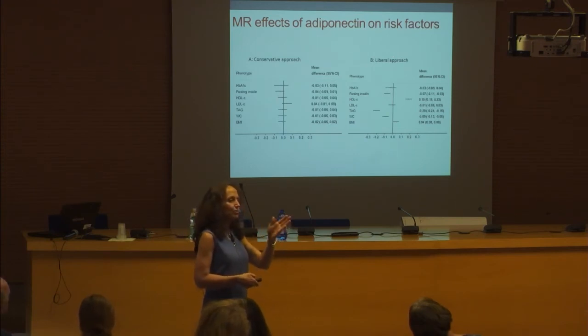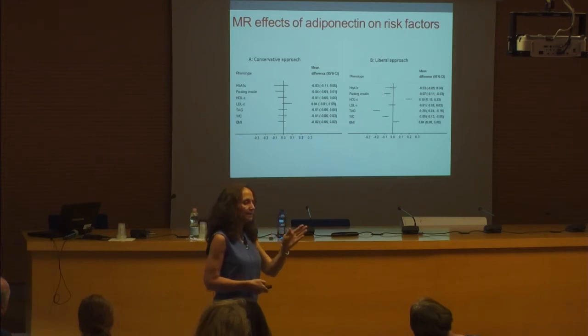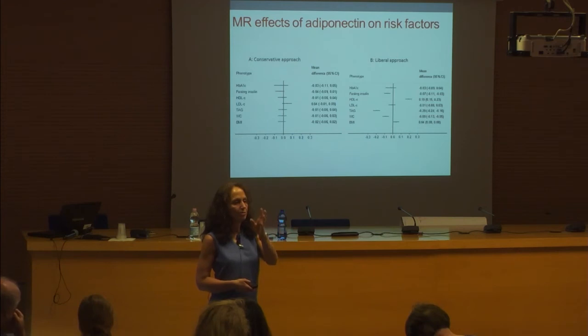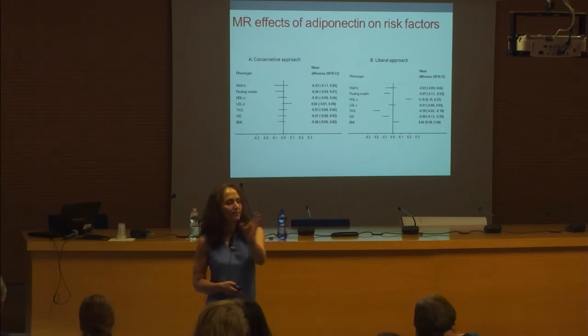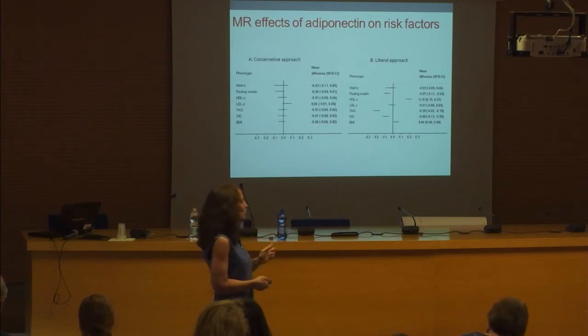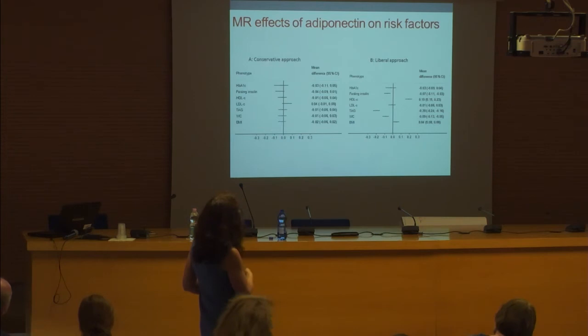If the truth was that adiponectin caused variation in glucose and lipids and body mass index, and they then caused coronary heart disease, so they're mediating, it's all part of the adiponectin effect, we'd expect these genes that directly code for adiponectin to be related to the confounders.